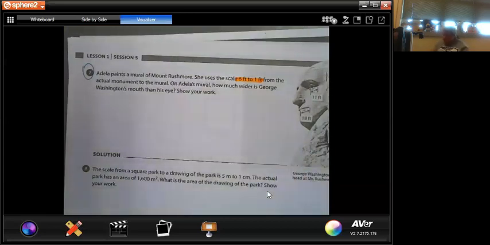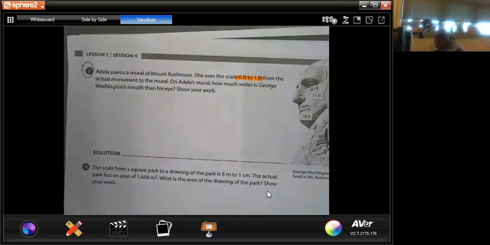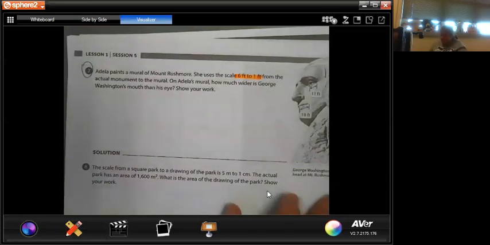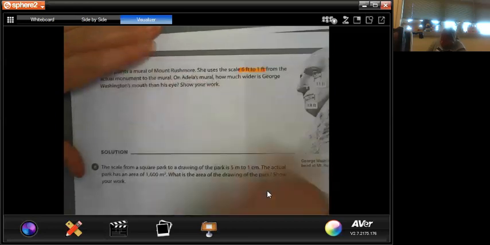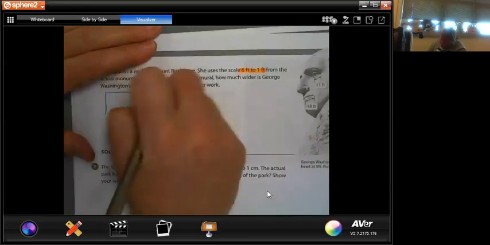Okay, so what we have to do is find out what each one is. All right, so there's a couple ways of doing this. One method, like I said, is you could make yourself a table. So look at my table here.